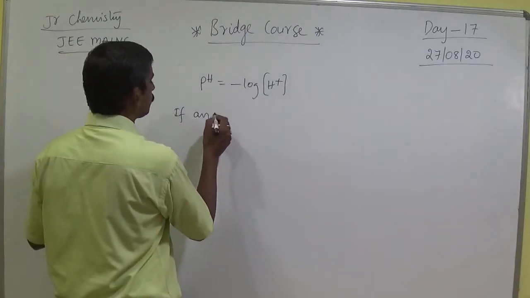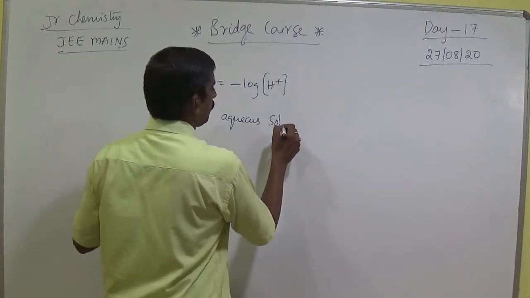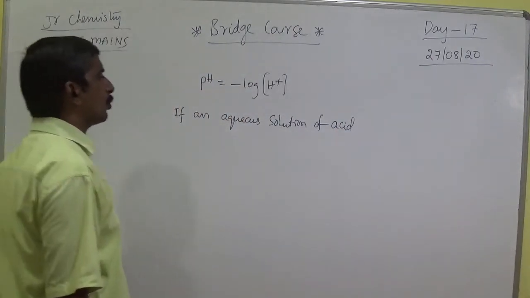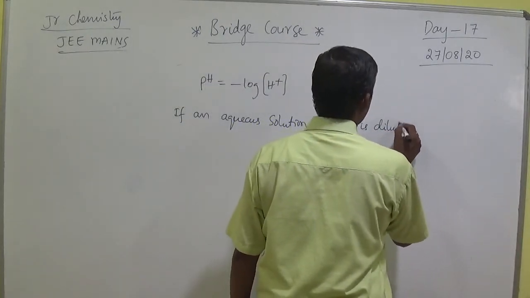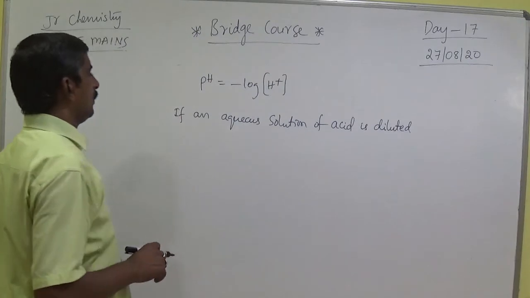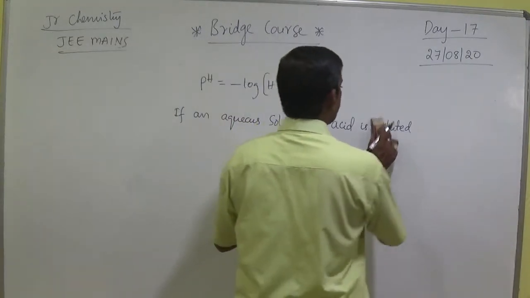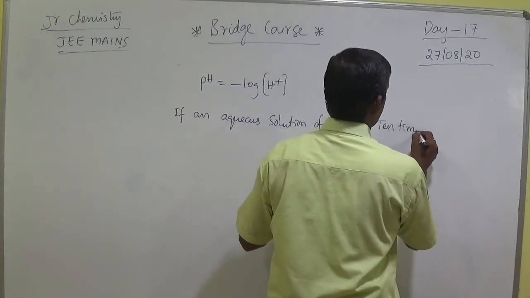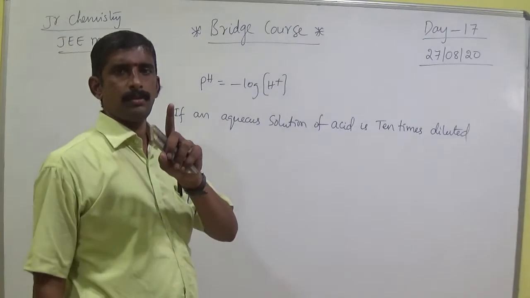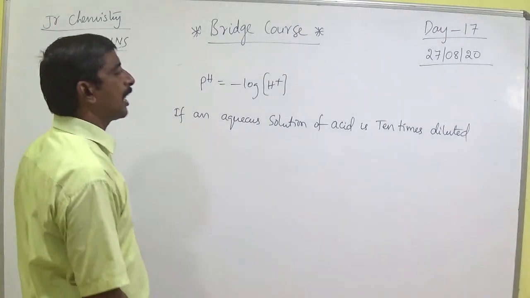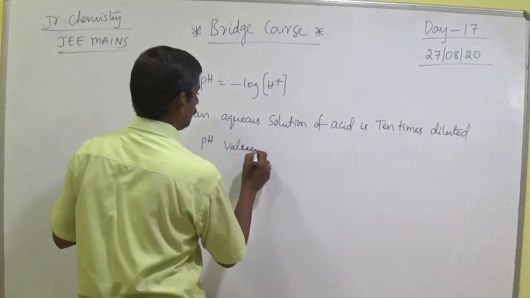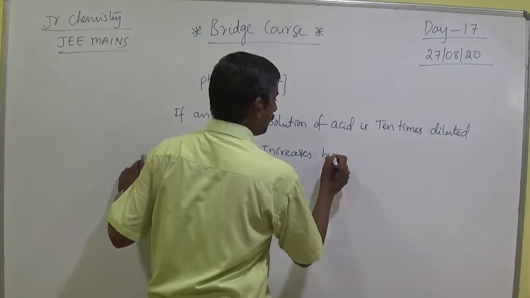That means if an aqueous solution of acid is 10 times diluted, since log 10 value is 1, the pH value increases by 1 unit.